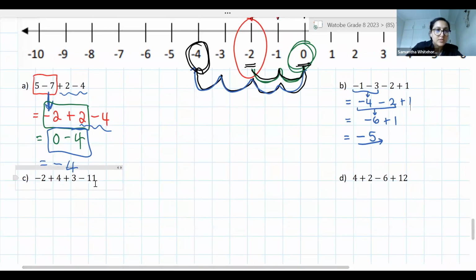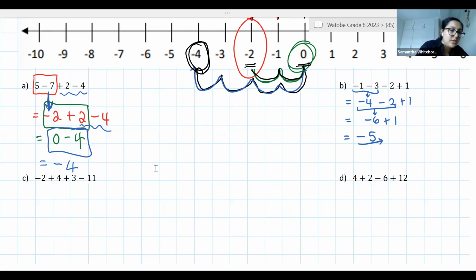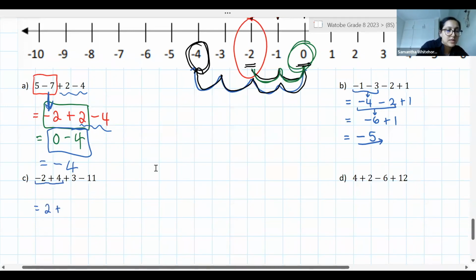Valentle, do you want to give us C? Yes, ma'am. C is -6. Okay, so if we break this down, we've got -2 plus 4, which gives us 2 plus 3 minus 11.